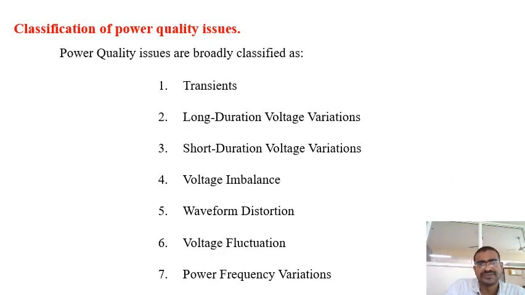Coming to the classification, power quality issues are broadly classified as transients, long duration voltage variations, short duration voltage variations, voltage imbalance, waveform distortion, voltage fluctuations, and power frequency variations.